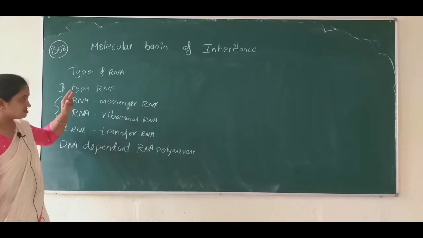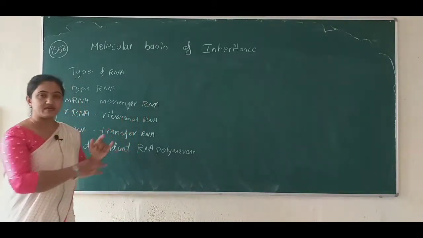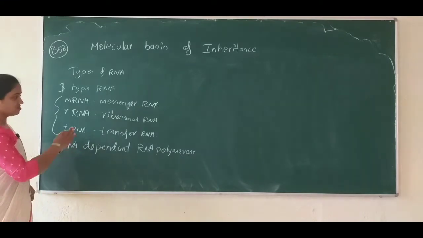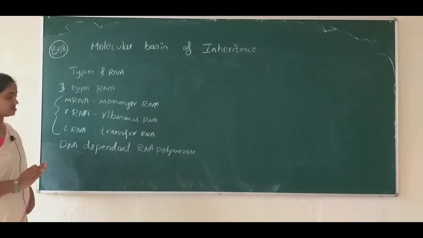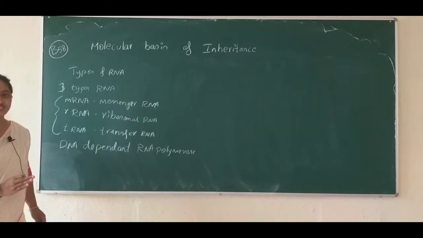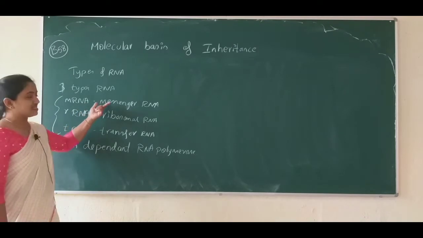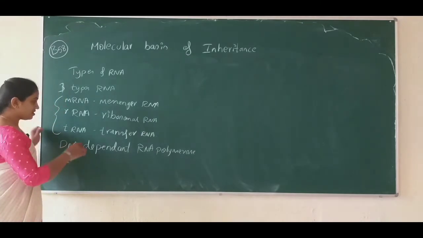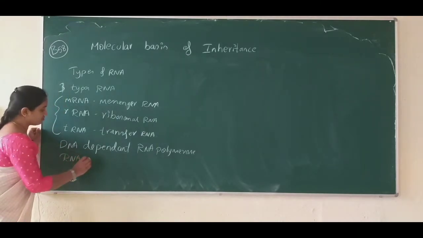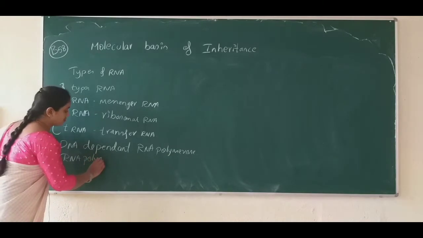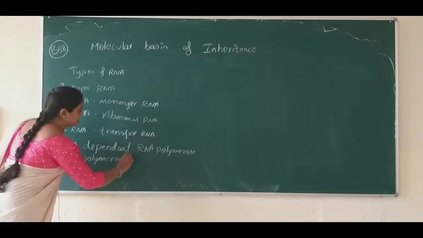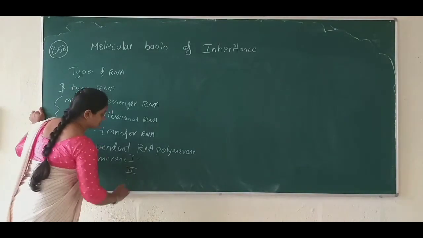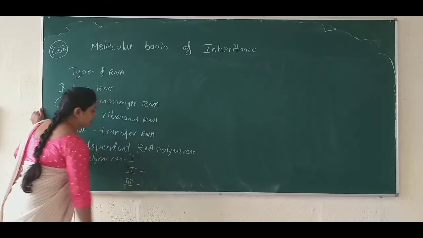Just remember this one: the DNA dependent RNA polymerase. This is the only polymerase essential for the transcription process. But in eukaryotes, three RNA polymerases are required: RNA polymerase 1, RNA polymerase 2, and RNA polymerase 3.